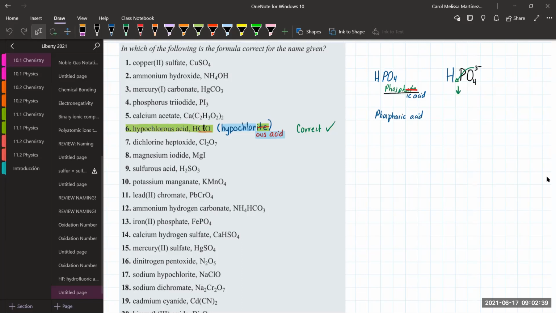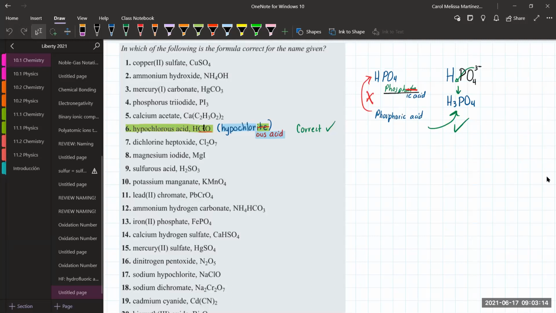So the formula for phosphoric acid is H3PO4. So the name phosphoric acid is incorrect for this one, but will be correct for this formula. See the point? It's not just seeing the anion. Always check that the charge is being crisscrossed. But that was an extra example, okay?